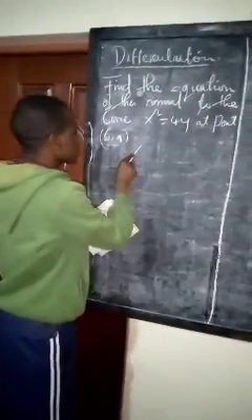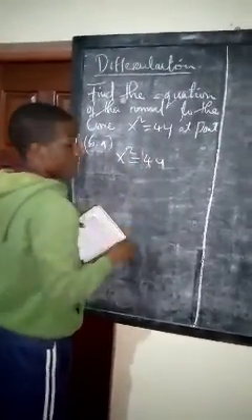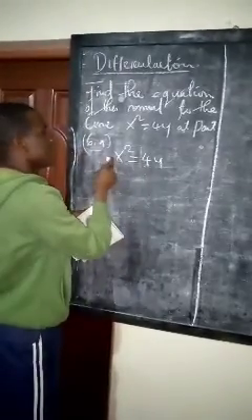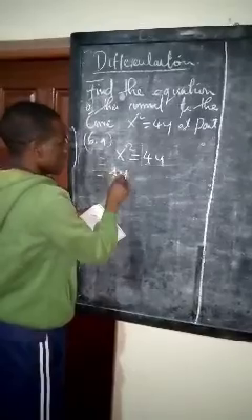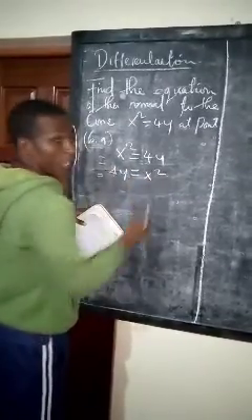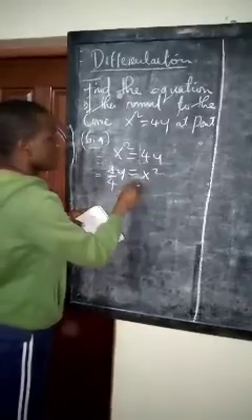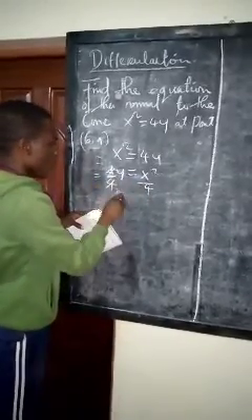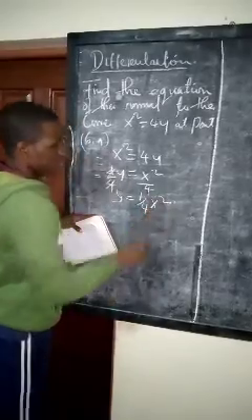Our equation is x squared equals 4y. We can write it as 4y equals x squared, and leaving y on one side, y equals 1/4 x squared.